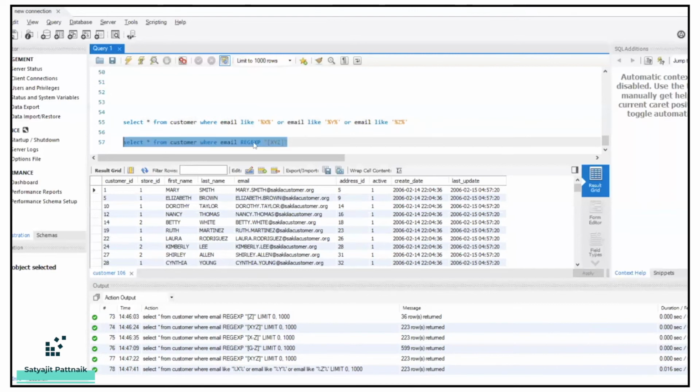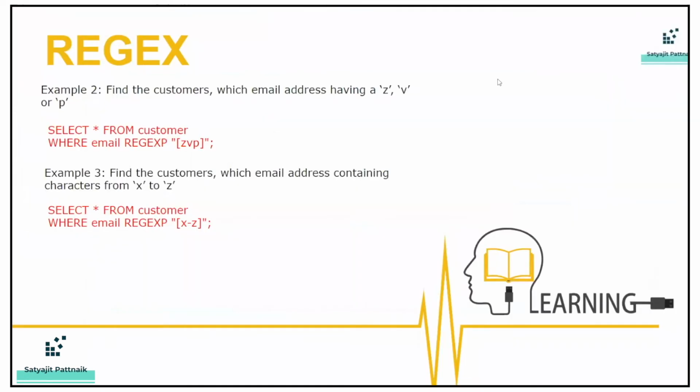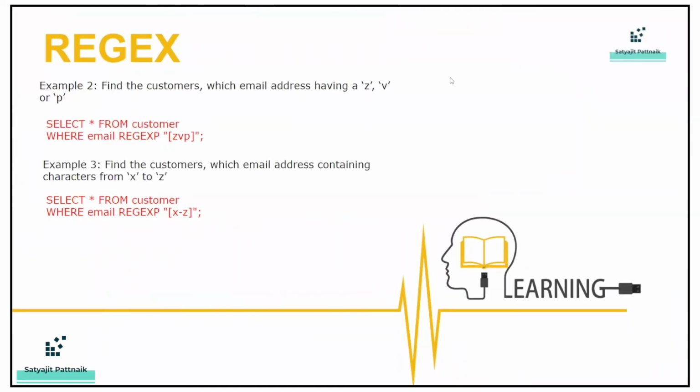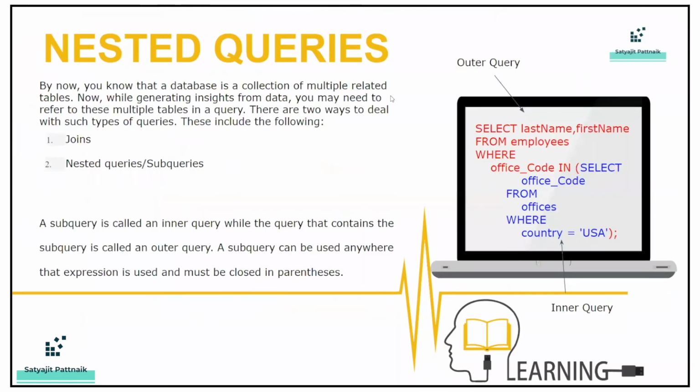It's a very simple query to write down. Okay, and definitely if you don't remember regular expressions in your real life scenarios, you can definitely use your LIKE queries as well. Okay, now after regular expression comes your nested queries.